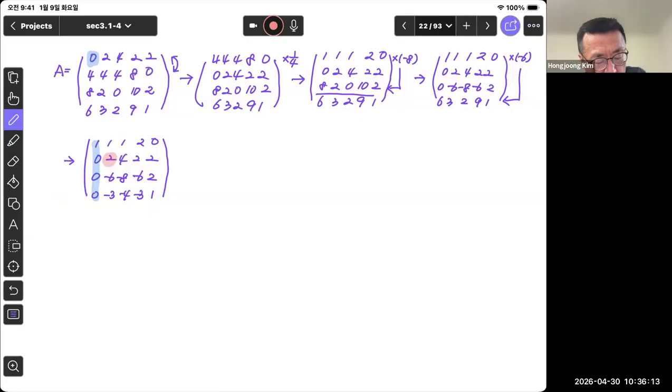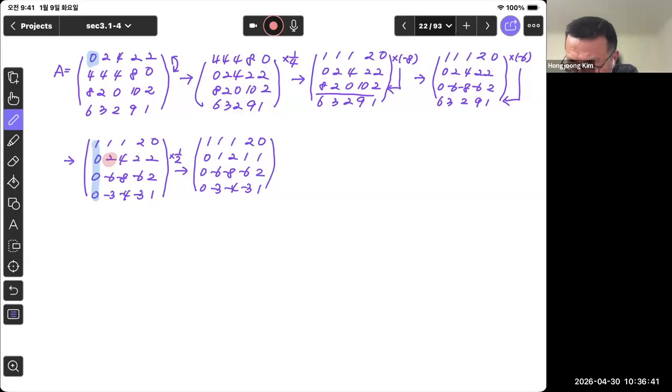To change this number to 1, let me multiply 1/2 to the second row. Then the matrix becomes 1, 1, 1, 2, 0, 0, 1, 2, 1, 1, 0, negative 6, negative 8, negative 6, 2, 0, negative 3, negative 4, negative 3, and 1.